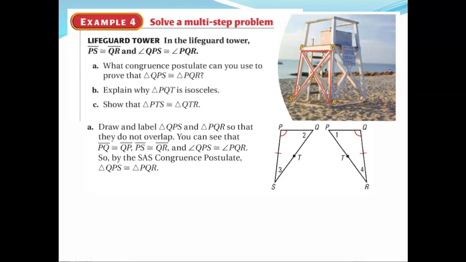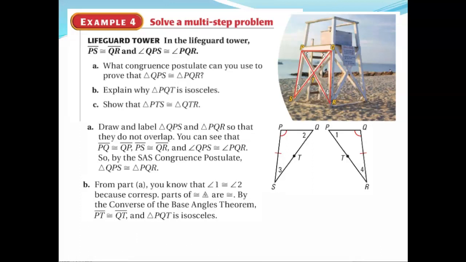Since corresponding parts of congruent triangles are congruent, we can say that angle 1 and angle 2 must be congruent to each other. And going back to our converse of the base angles theorem, we can say that PT is congruent to QT, which means that triangle PQT is isosceles.